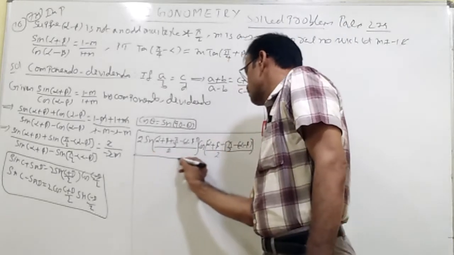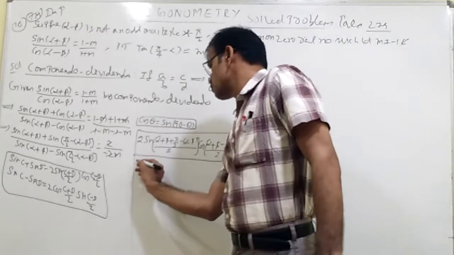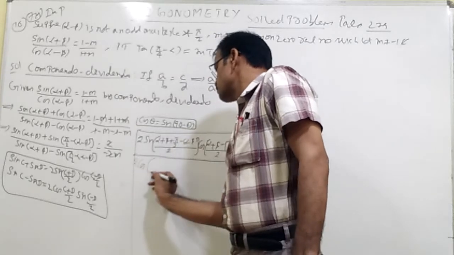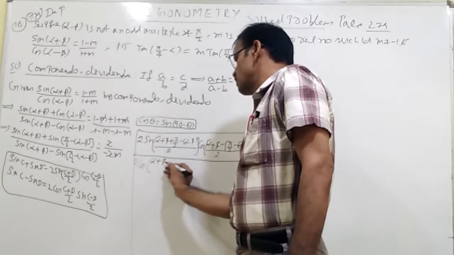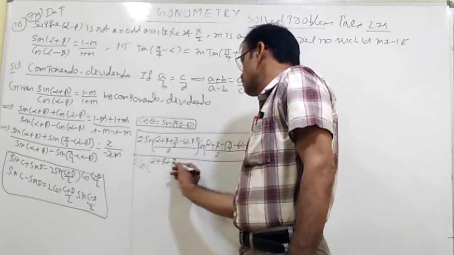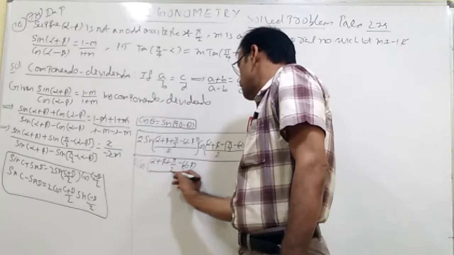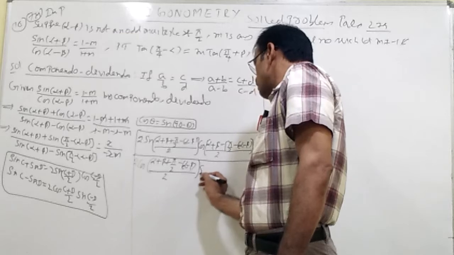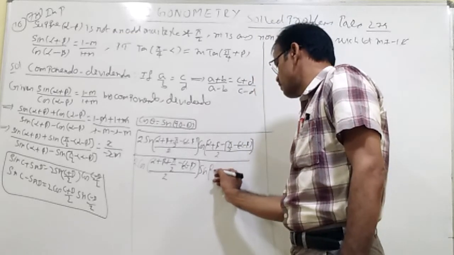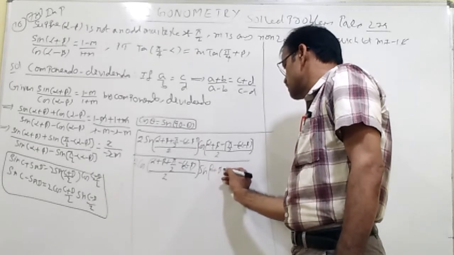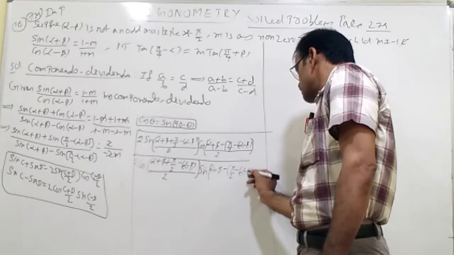In a similar way, the sin C minus sin D formula gives 2 cos of (C plus D) by 2, where C is alpha plus beta and D is pi by 2 minus of (alpha minus beta), whole by 2, into sin of (C minus D) by 2, where C is alpha plus beta minus of pi by 2 minus of (alpha minus beta).